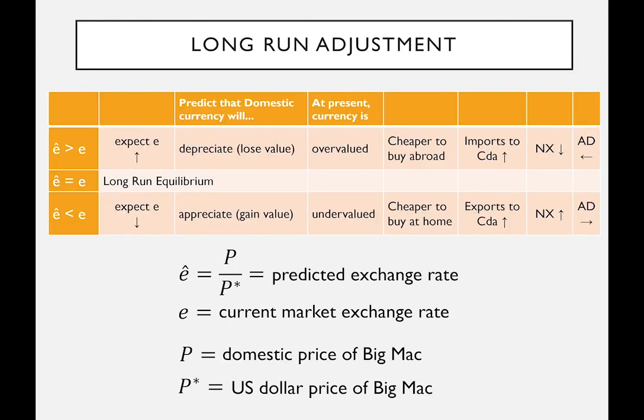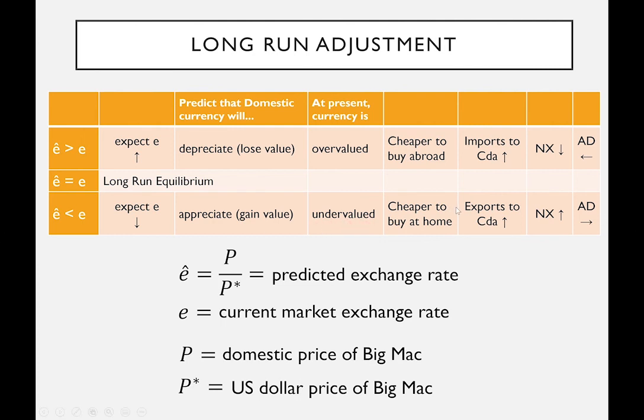So let's take a look at this. We're now at the bottom row down here because E hat is lower than E. Remember I said E hat is 1.2, 1.19. The current market exchange rate, E, is equal to 1.40. So I'm saying I think E is going to get smaller, which means I think the Canadian dollar is going to gain value, which means I think that at present the Canadian dollar is undervalued.